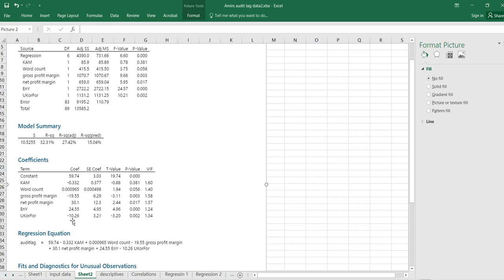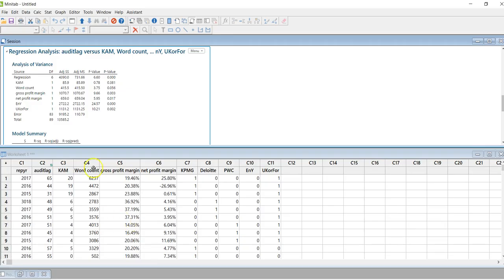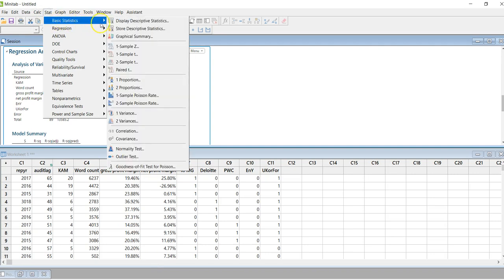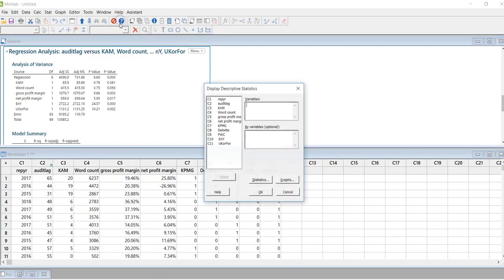And this is where you would go to your diagnostics. So let's just go quickly back to Minitab. With any analysis, you should always put in your descriptives.